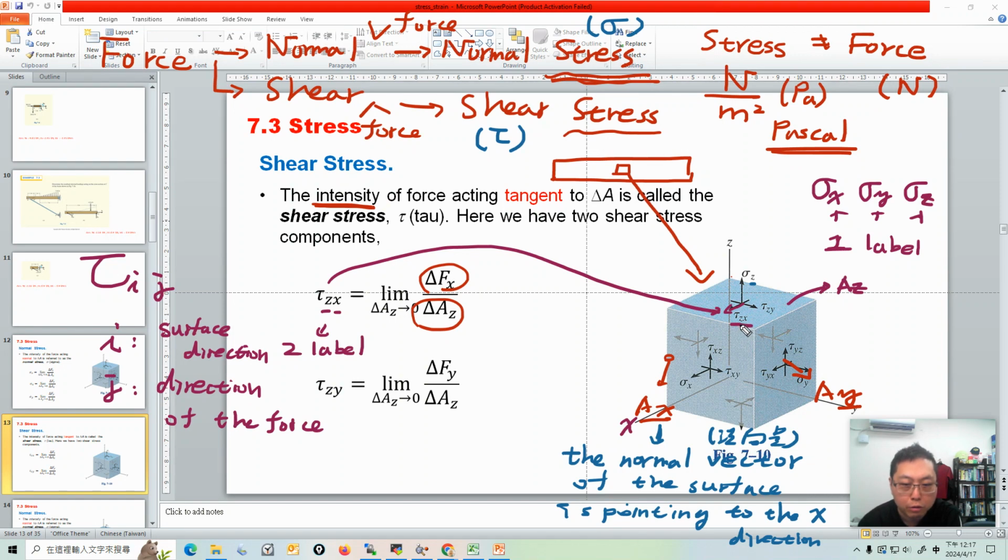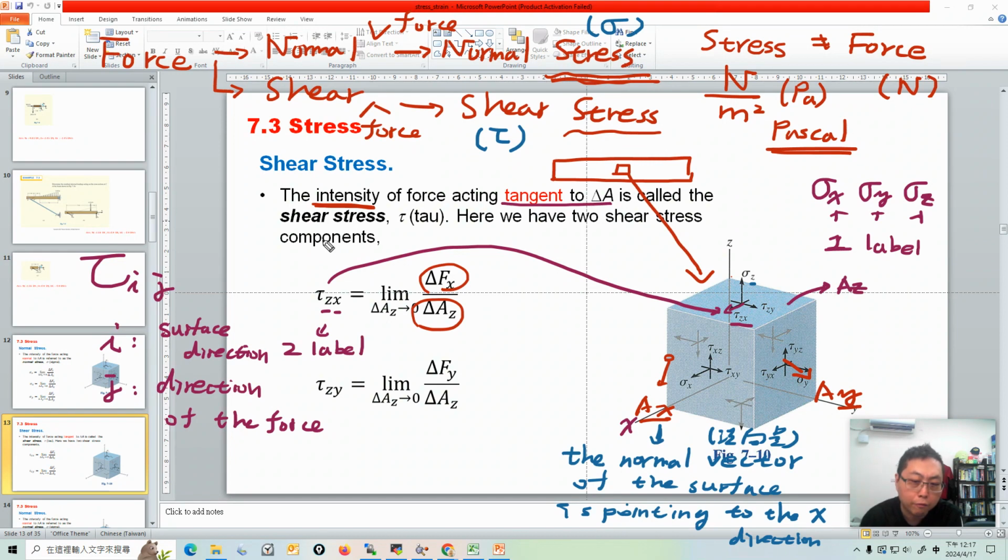We can also see that in shear stress, the force is tangent to the surface. It's different from normal stress. In normal stress, the force is normal to the surface, but in shear stress, the force is acting tangent to the surface. That's called shear stress.